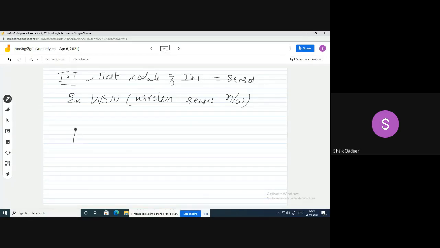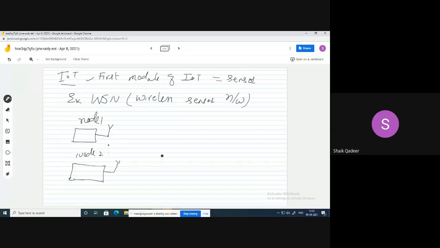Each one is called a node. Suppose this is node 1, node 2. Each is nothing but one device belonging to the Internet of Things category.